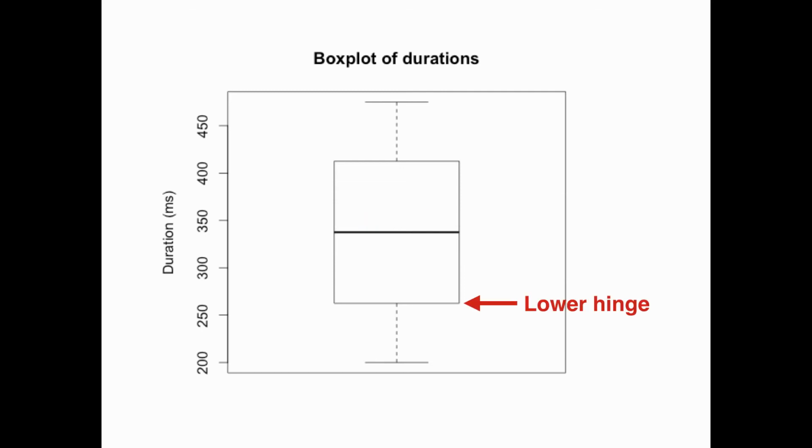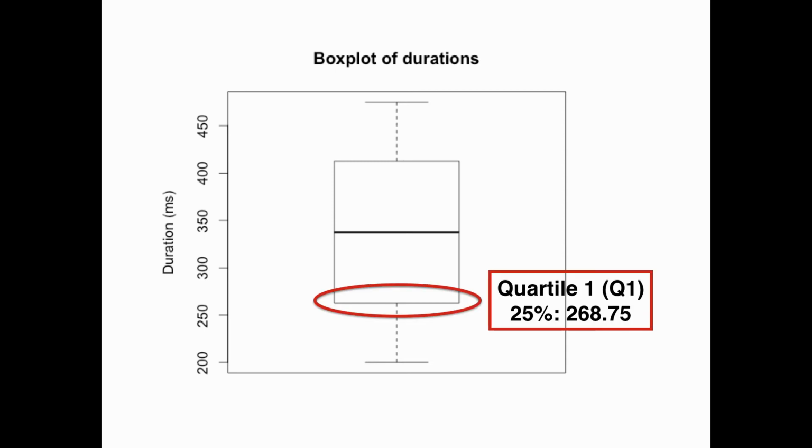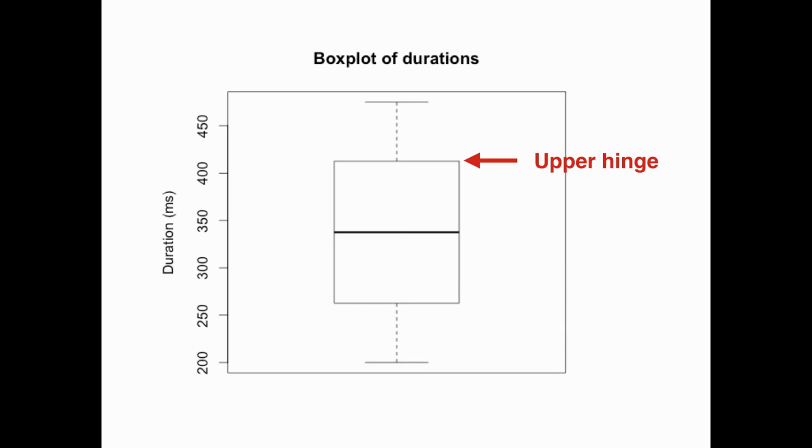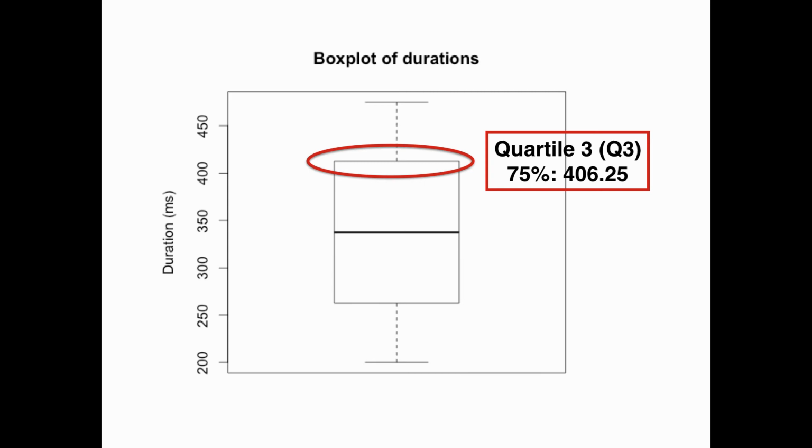Now then, the very bottom of the box is called the lower hinge, and that's exactly quartile 1, or 25% of the way through, which is 268.75. And then the upper line of the box is called the upper hinge, and that is exactly quartile 3, or 75% of the way through the data, and that's 406.25. So that's how you define the box.